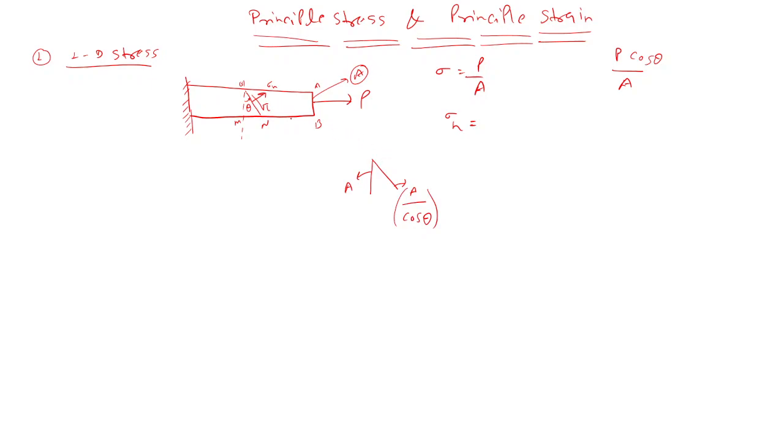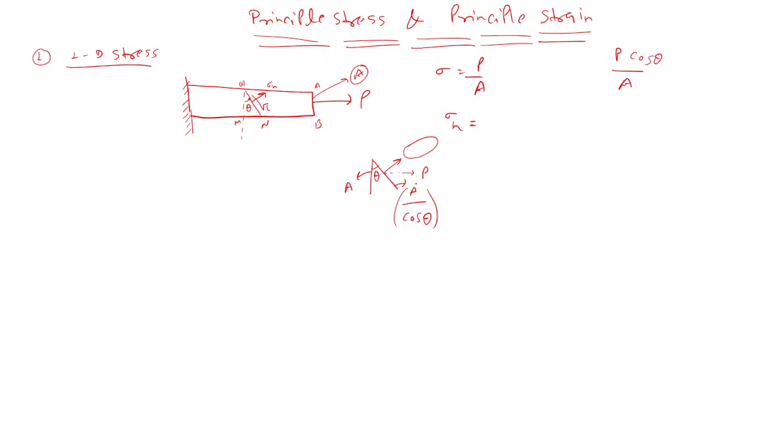For the normal stress, the force should also be perpendicular to the plane. Here P is in this direction, right? So what would be the force in this direction? Would that also be P, or something different? This is theta.